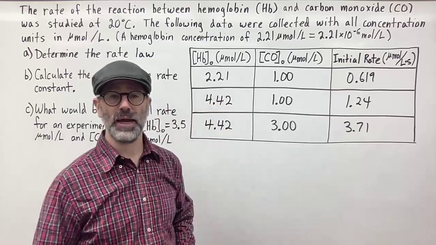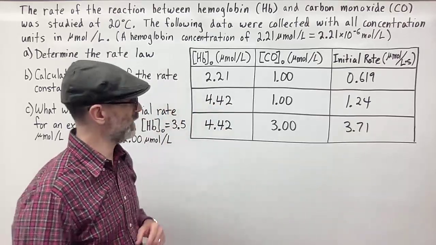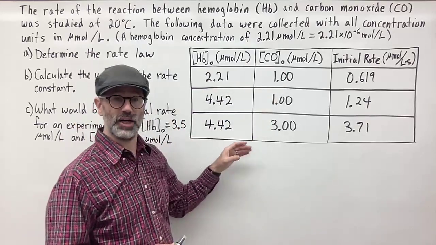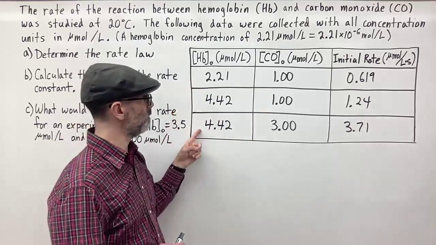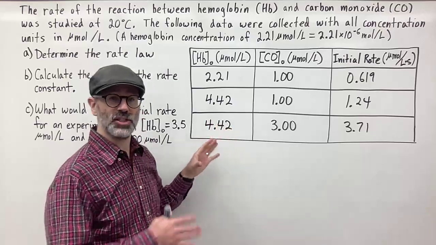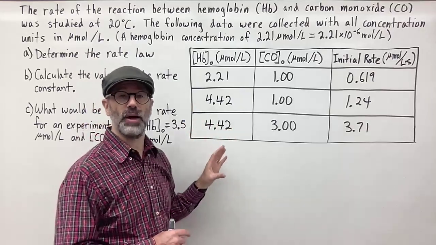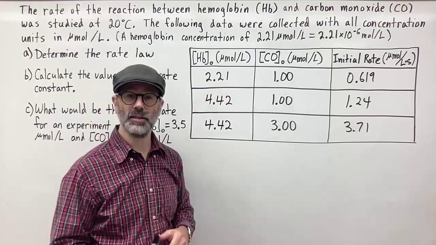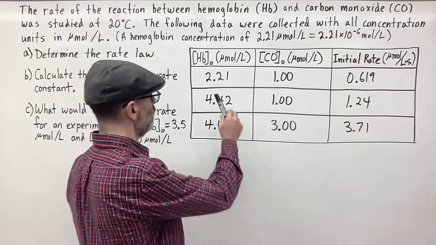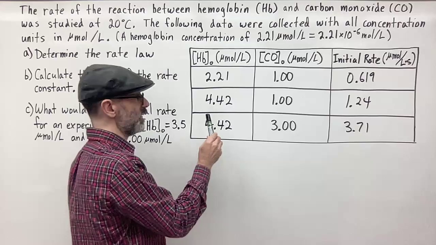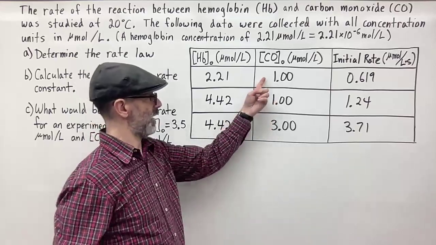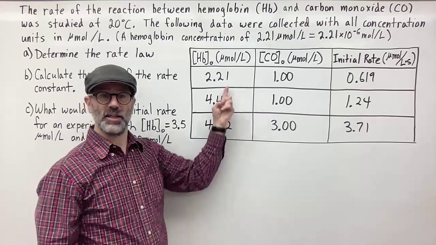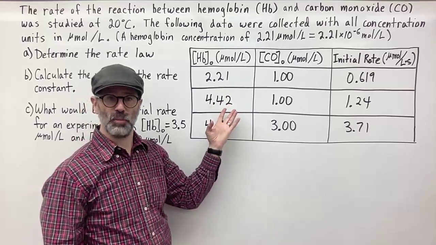So we want to find the rate law. The way we do that is we isolate two of the trials here. We have trials 1, 2, and 3, and we isolate two of them so that one of the reactants is held constant. For example, you'll notice that in these two trials, carbon monoxide has a concentration of 1 each, but there's a change in the concentration of hemoglobin.